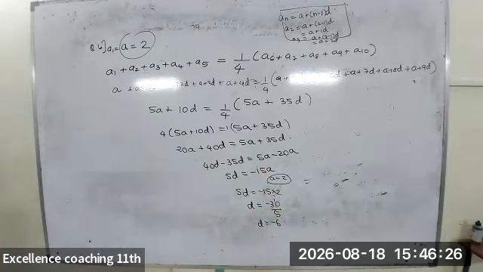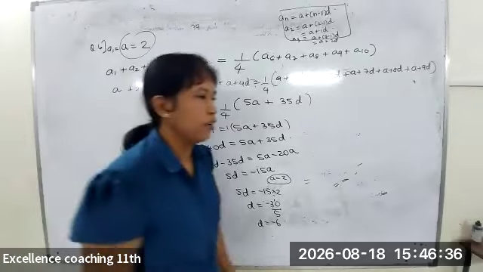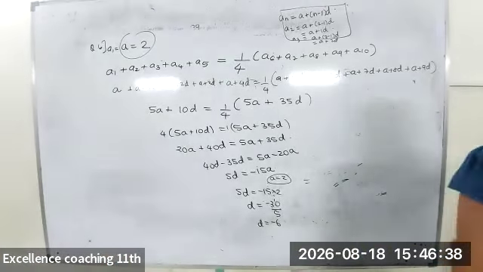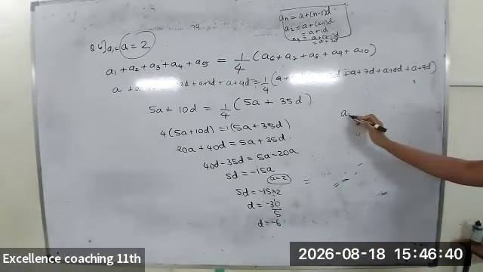Add all the A's, add all the D's together. So A is given in the question, so you have to calculate the value of D. Now which term have they asked? The 20th term you have to calculate.